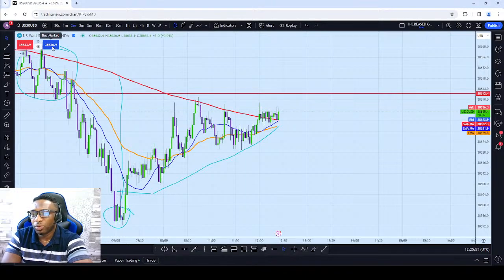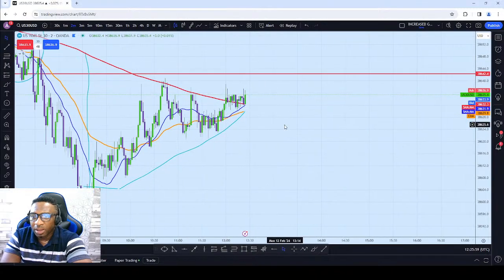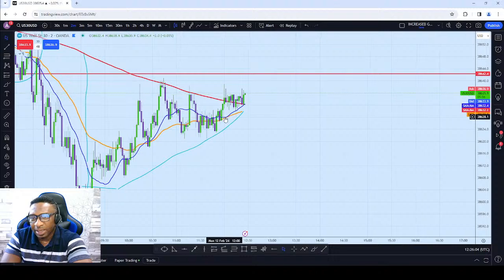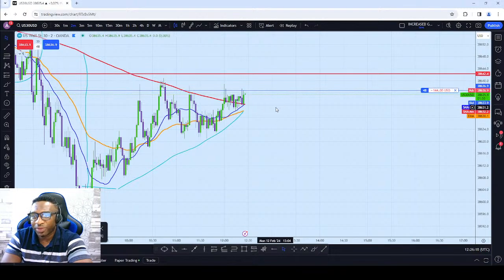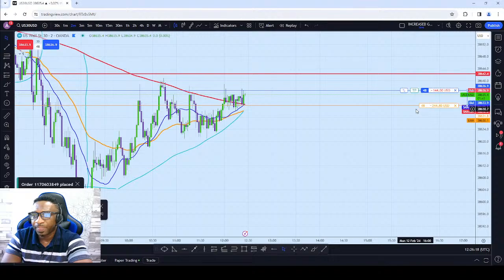I know it might pull back because it's kind of consolidating there, but looking at the way price is heading towards the 200 moving average, I'm okay to take the risk. So my stop loss is right here.